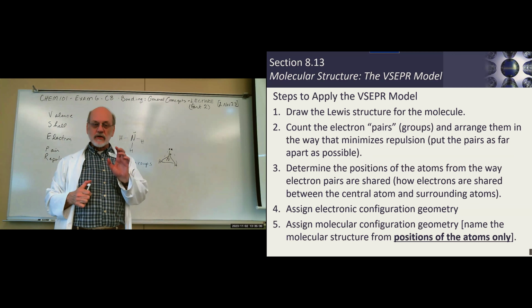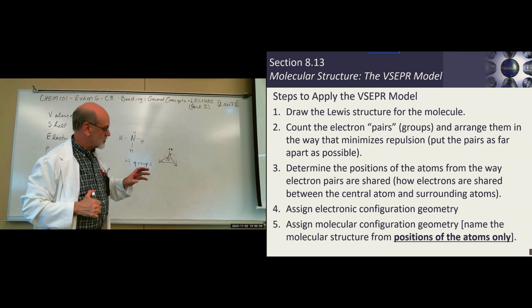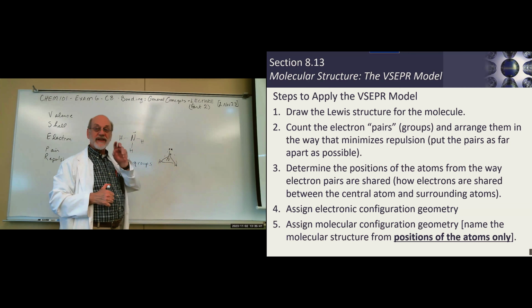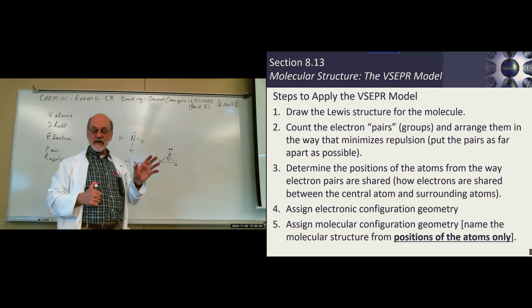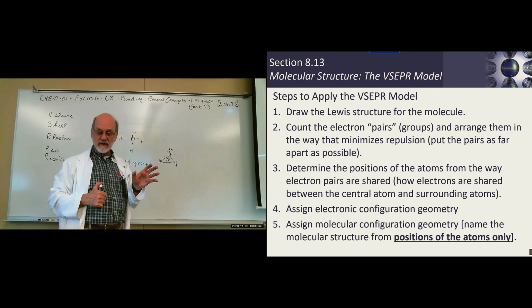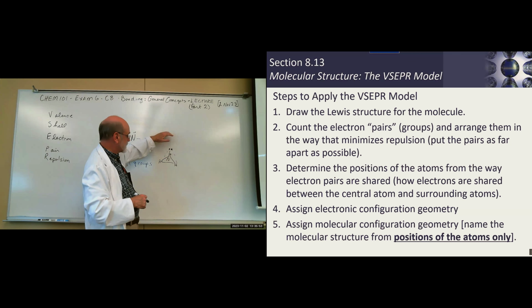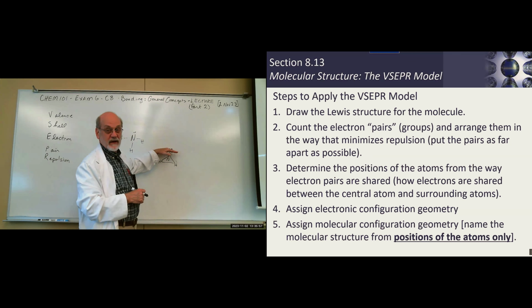And then if you want to find out the geometric configuration of only the atoms in the molecule, then you don't care about the lone pairs. Then you would just cover up that one and say, what do you got left? Well, in this case, nitrogen is not down here in the triangle, it's up in the middle of the tetrahedron.